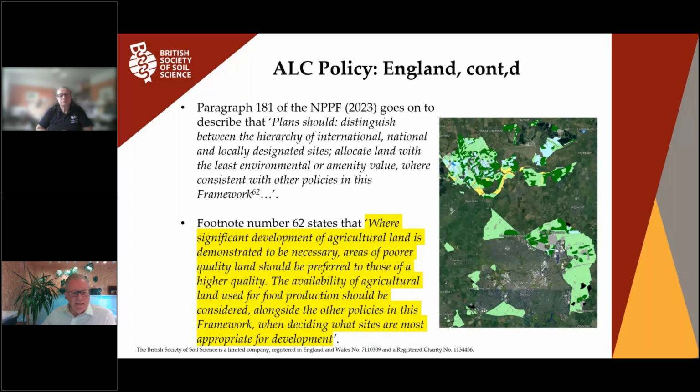But they added in December 23, the availability of agricultural land used for food production should also be considered alongside other policies in this framework, and when deciding against most appropriate sites for development. So bear that in mind as we go through the next couple of slides. Next slide, please, Dom.